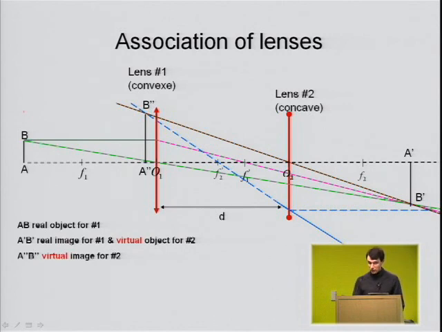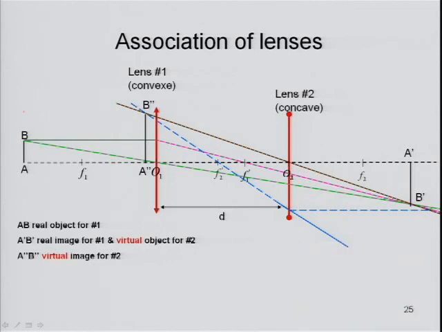But what's happening in this case is I have a real object AB. My first lens creates a real image, A prime B prime. But this A prime B prime is now a virtual object for my lens number 2, because the image is on the other side, on this side of the lens, whereas the light is coming from the left to the right.